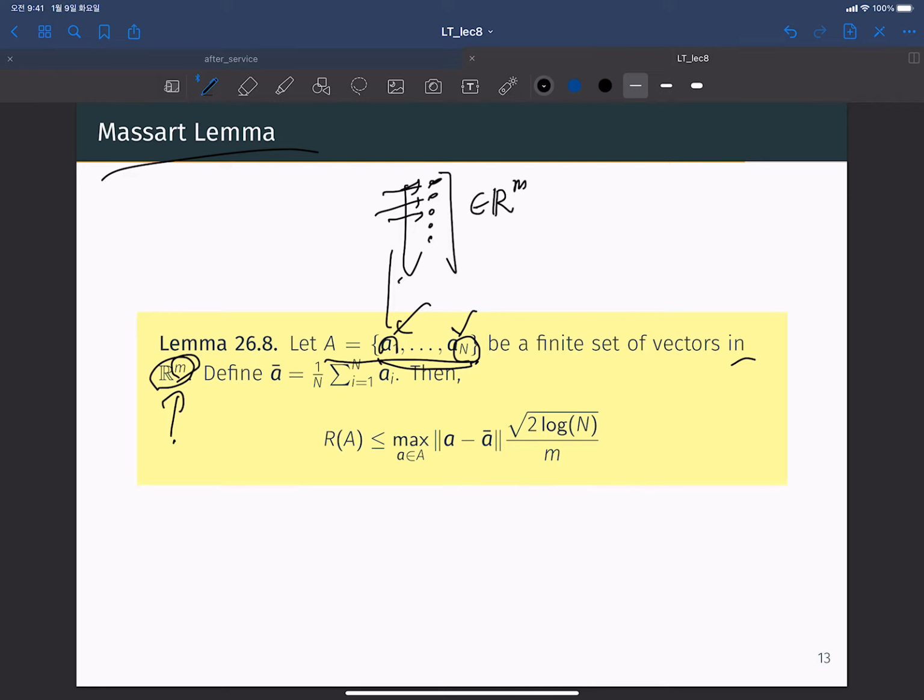Let's define A bar as the empirical mean among all hypotheses. Then the Rademacher complexity of A is bounded by the maximum L2 norm of a minus A bar, times square root of 2 log capital N over M.